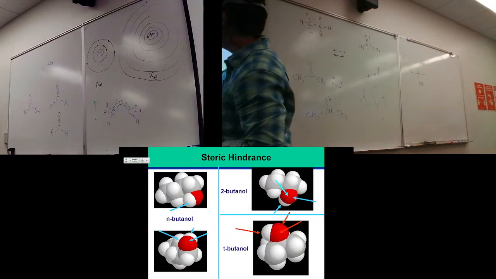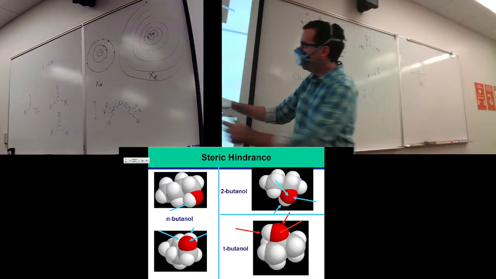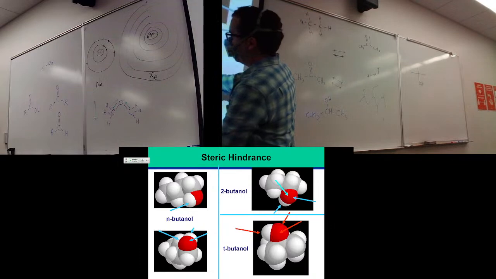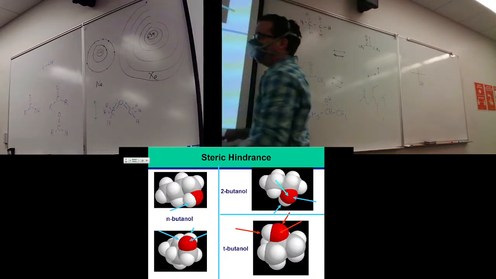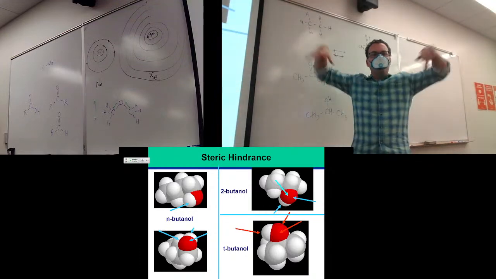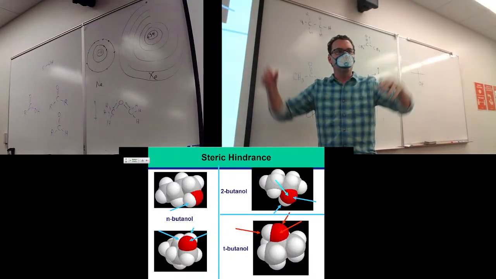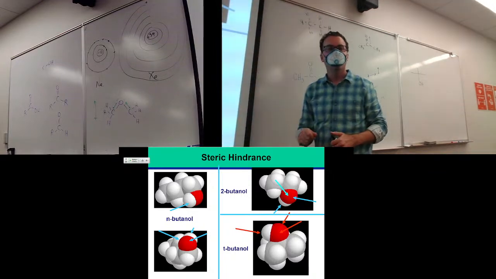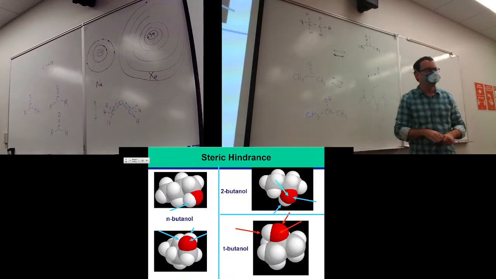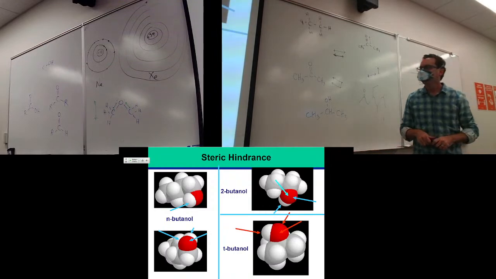This is the middle one. That's the very sterically hindered one. You can see there's a carbon right in the center, and then there are these methyls that kind of bulk it out a little bit. And you can make this even worse, like you could add more branches to make it really bulky. But this is a little bit less accessible, and so it's going to lower the boiling point a little bit. It's not going to have as strong of IMFs.